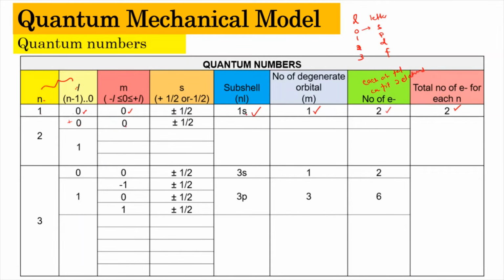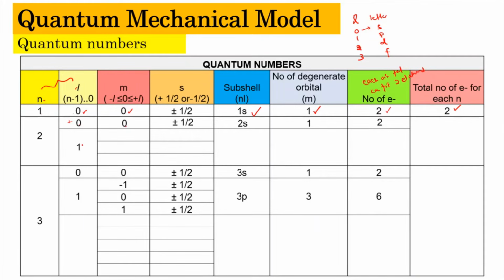Our subshell here is going to be n, L, which is 2, 0, which is 2s. The number of degenerate orbitals, because we have one value here, is 1. And because of having one orbital, we're going to have 2 electrons in that orbital.